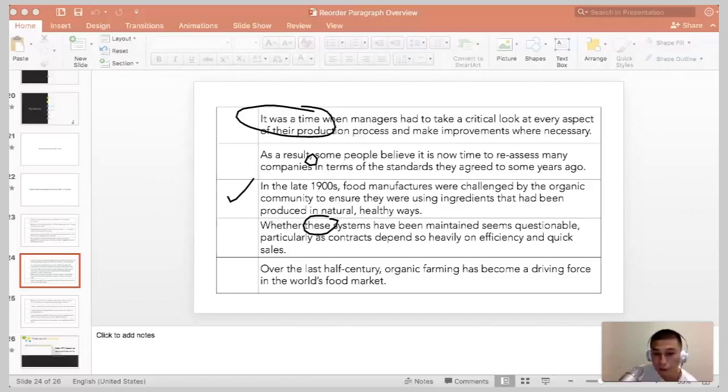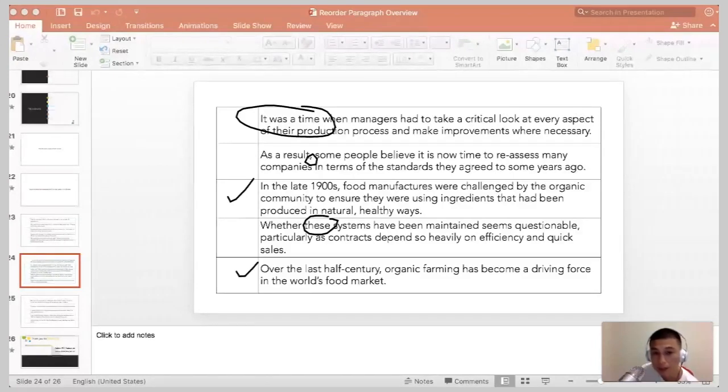Next one. Over the last half century. What is that? Over the last half century. Remember we talked about this earlier. It's an overview of time. So usually an overview of time is referring to time, and then this is a specific time, and this is referring to time again. We have 3 sentences that refer to time.